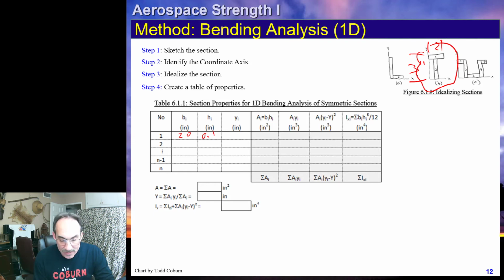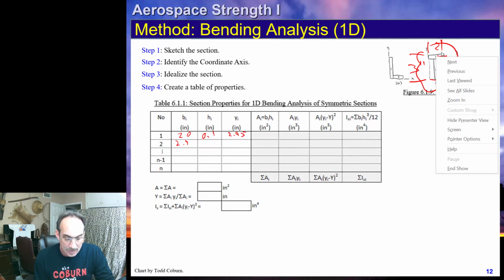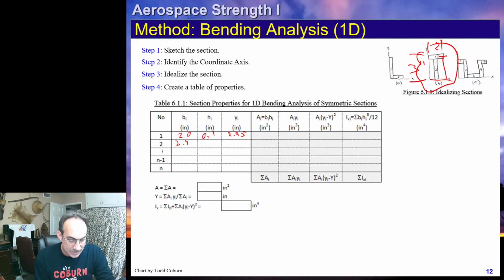And it's located, from here to the midplane, at 3 minus half of that thickness, which is 2.95, the y position of the middle of that. Element 2 is 0.1 inches wide, and it looks like it's 3 minus 0.1, which is 2.9 inches tall, and its y bar is going to be 2.9 divided by 2.